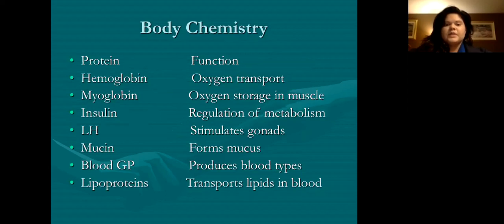So protein functions: hemoglobin is going to be your oxygen transport, myoglobin, oxygen storage in muscle, insulin, the regulation of metabolism, mucin is going to form mucus, blood glycoprotein produces blood type, and your lipoproteins transport lipids in blood.